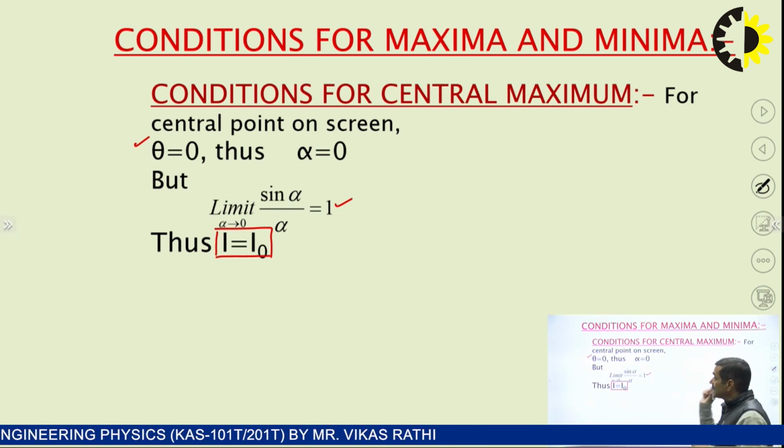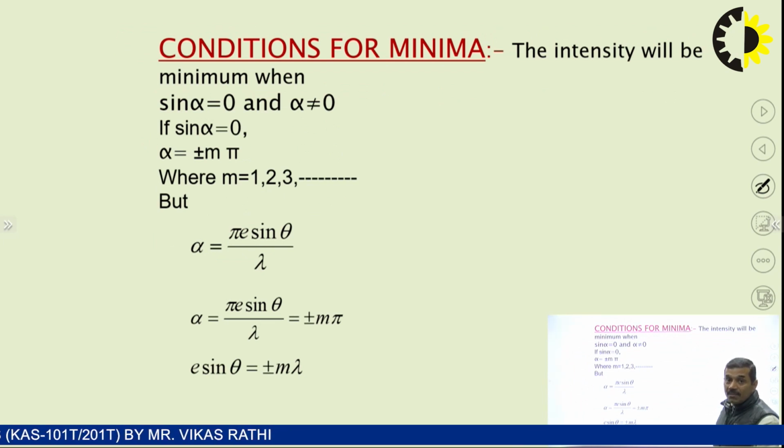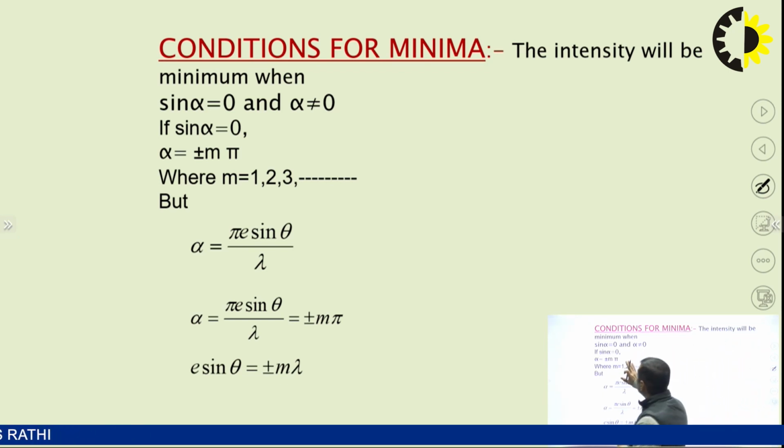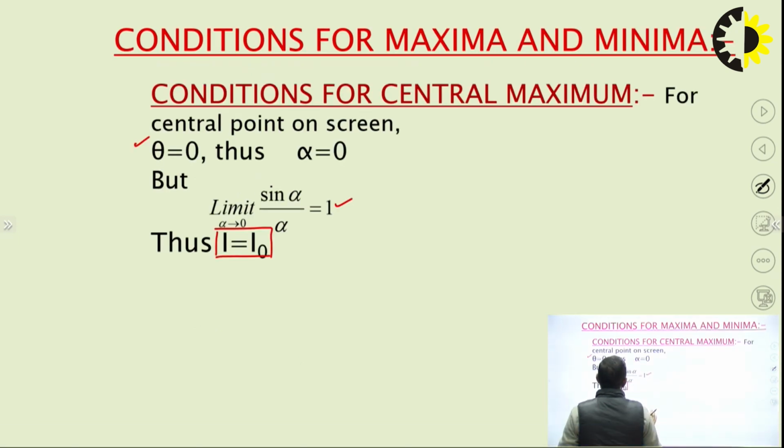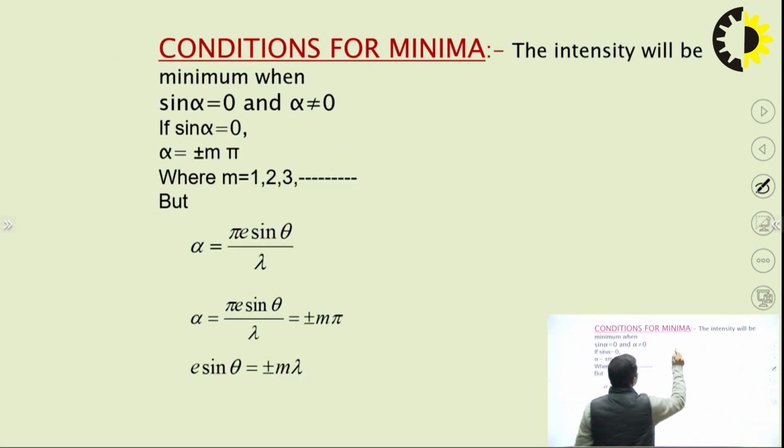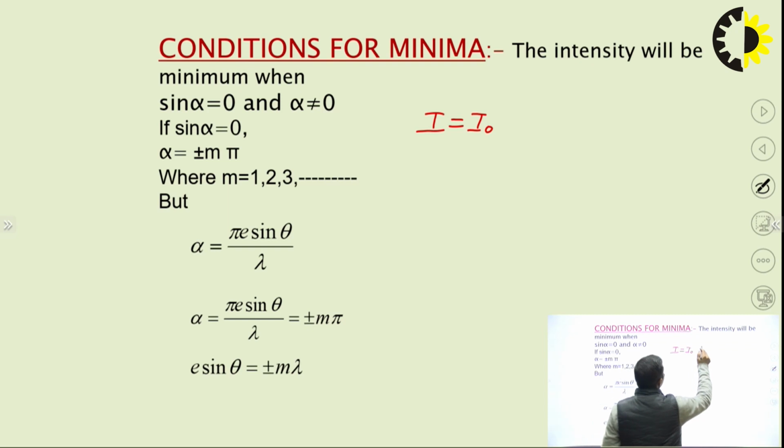Now between two successive maxima there will be a large number of minima on the screen, where the intensity will be minimum. To find the condition for the minima, what was the expression for intensity? Intensity is I equal to a square, or I naught sine square alpha upon alpha square.